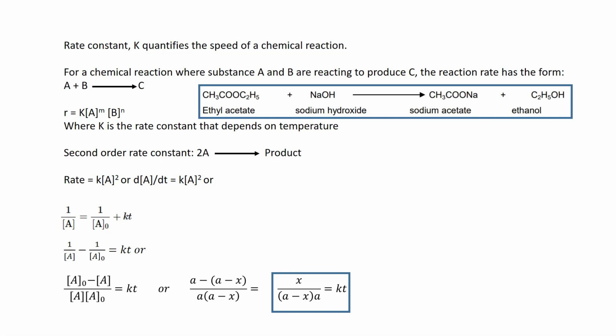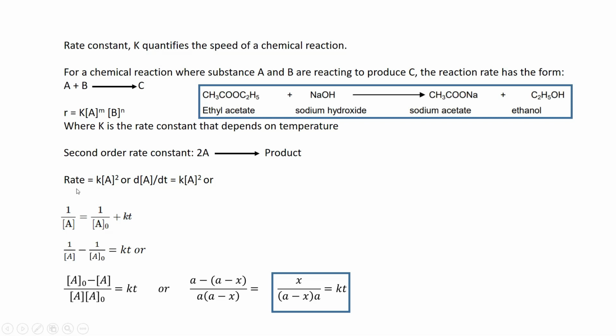To represent it in a simpler way, although this is A plus B, I am abbreviating it to just 2A giving rise to product, because the final expression is not going to be affected, and with this the expression is easier to follow.